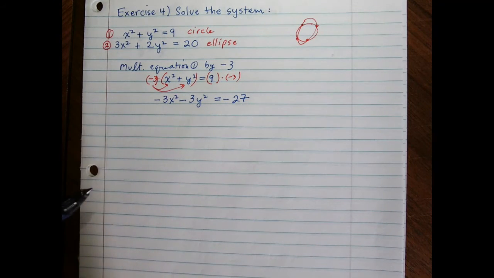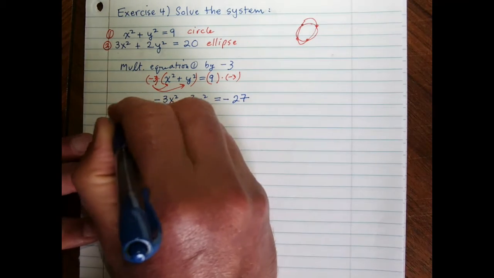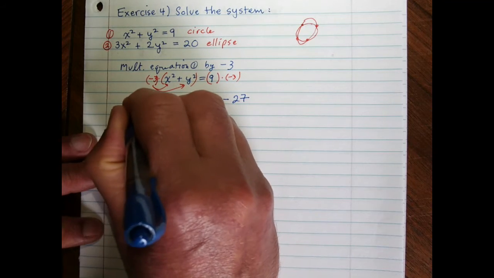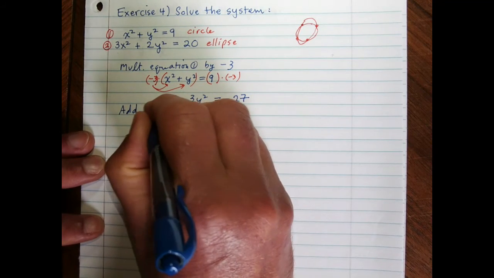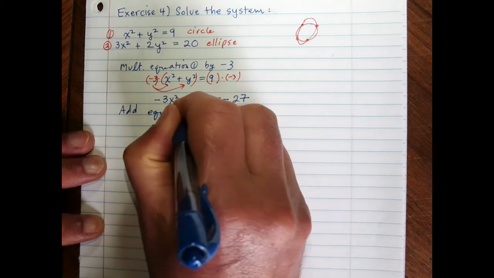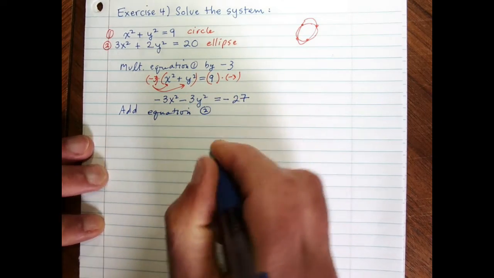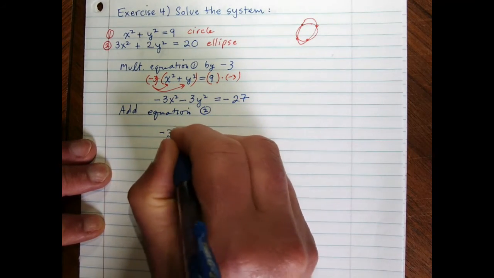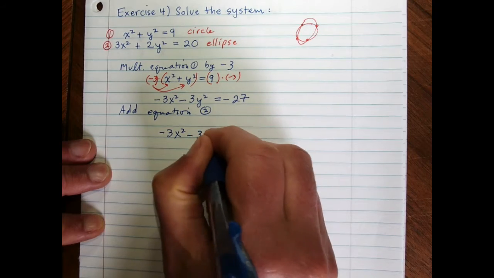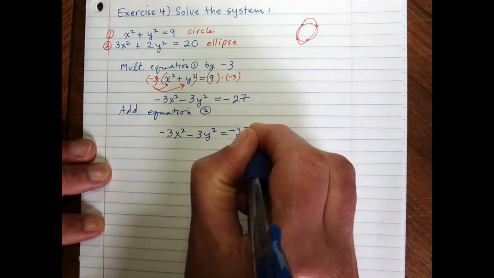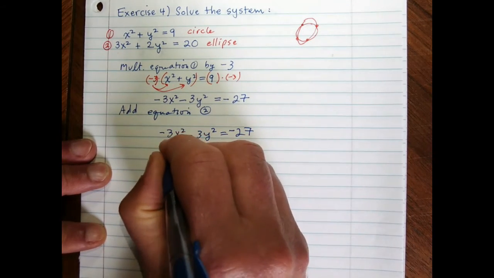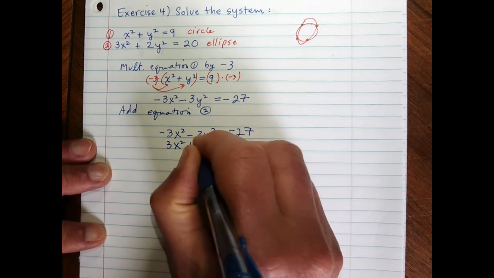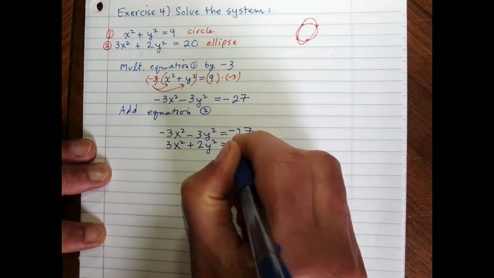And then what I can do is I can add equation 2. So I have negative 3x squared minus 3y squared equals negative 27. I'm just going to add 3x squared plus 2y squared equals 20.